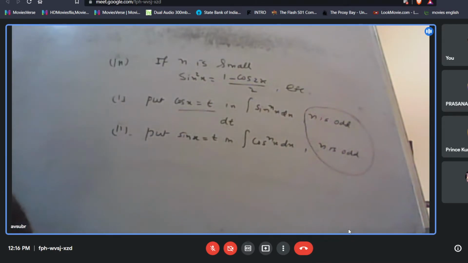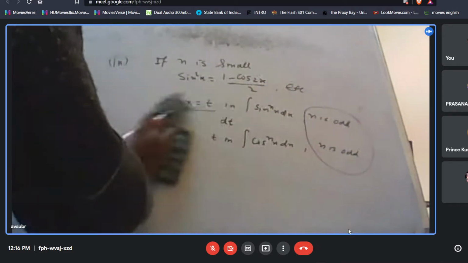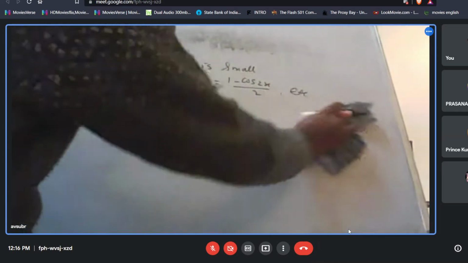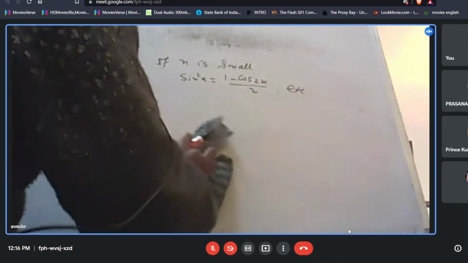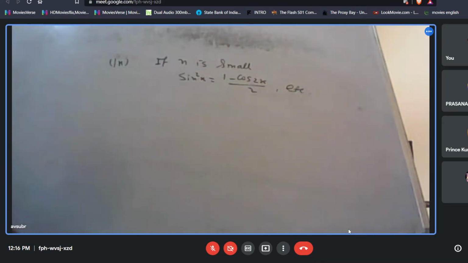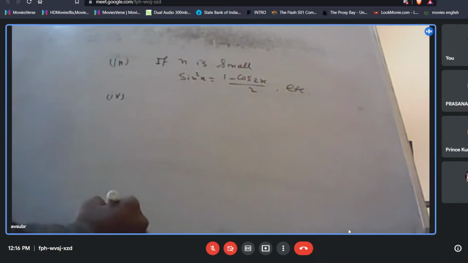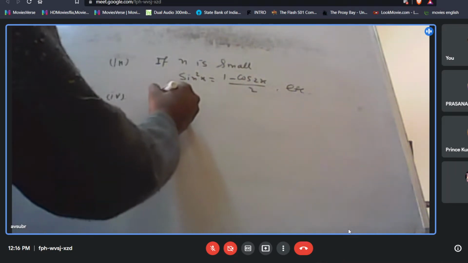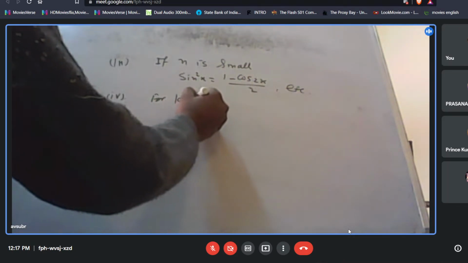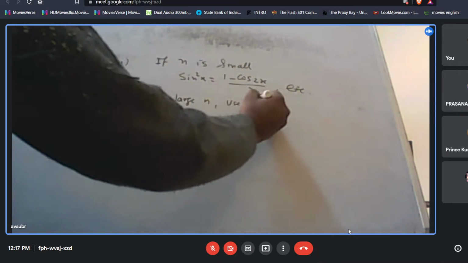Using that also you will get the answer, but only when n is small, and it can be put in such kind of trigonometric formula.